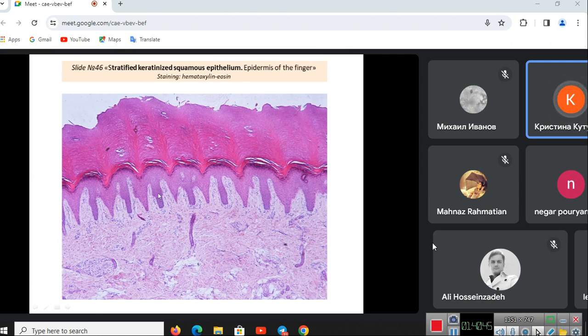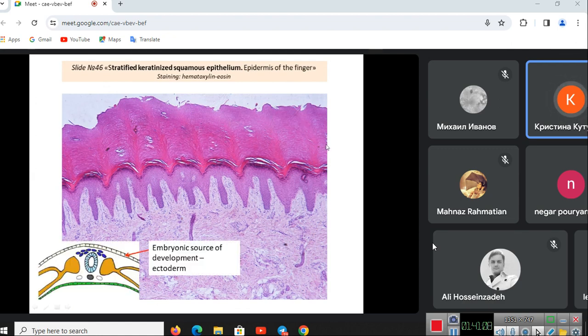Next goes stratum spinosum, from basal layer up to stratum granulosum. Stratum granulosum is readily seen because of the basophilic granules in cytoplasm. Next goes the stratum lucidum and the outermost stratum corneum.